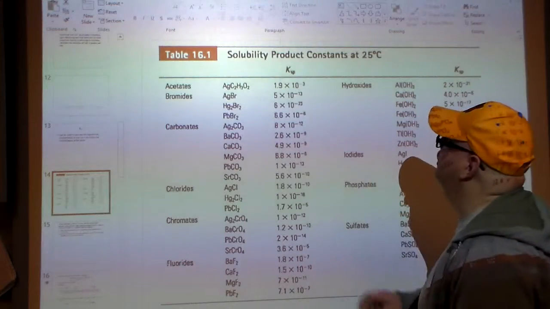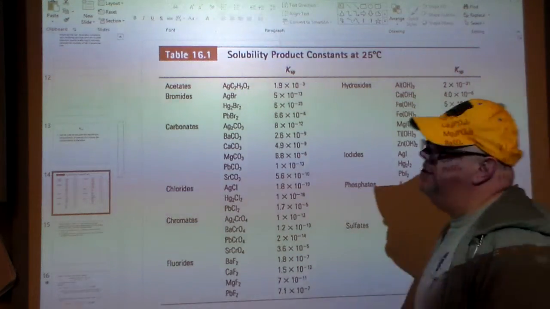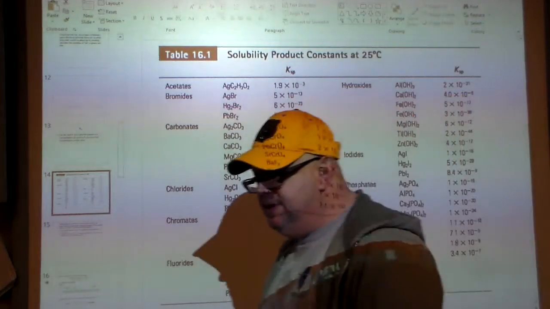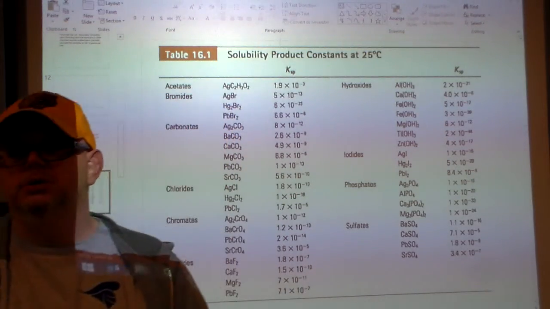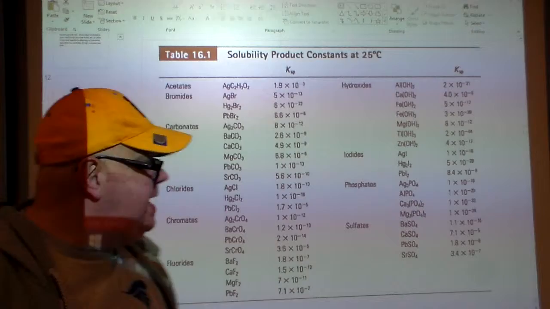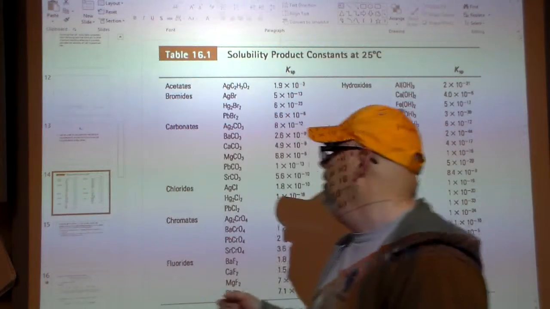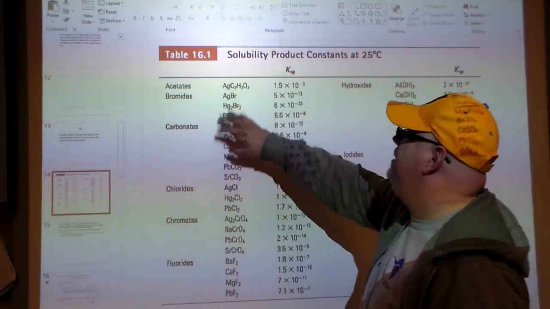Now, when you look at this table, these are all kinds of solubility product constants at 25 Celsius. They love to choose 25; it seems to be a standard. But I want to point out that this is by no means all of it. It's not all the goods, but it is quite a few, and you can see all the different things they break.